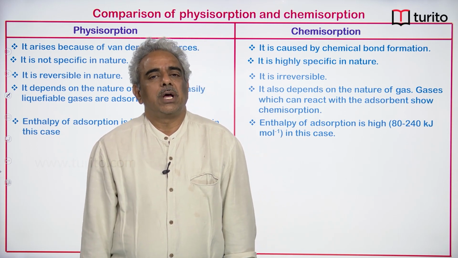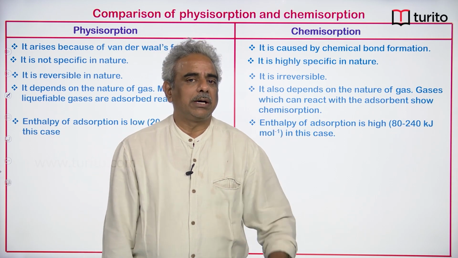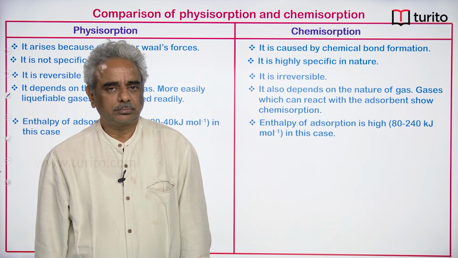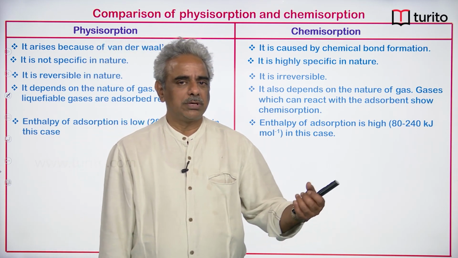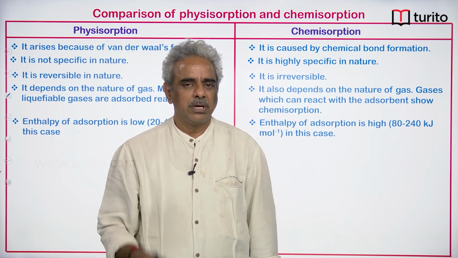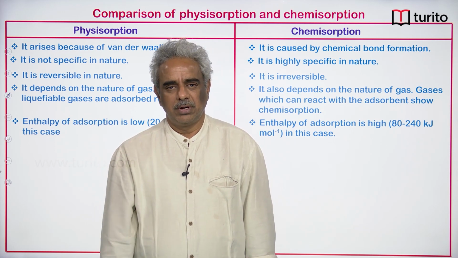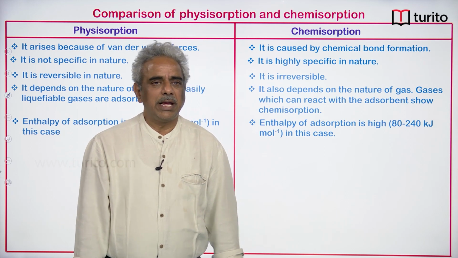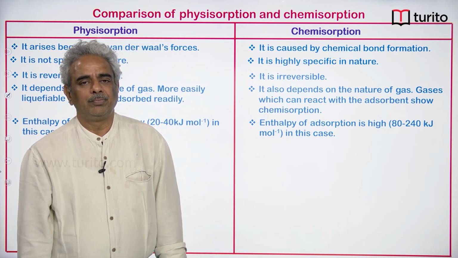So, if the adsorbate molecules are strongly attracted by the surface, what would happen? More energy is lost. If the adsorbate molecules are weakly attracted towards the surface, there is little loss in the energy. At constant pressure during a process, loss or gain of energy is called enthalpy change, delta H.